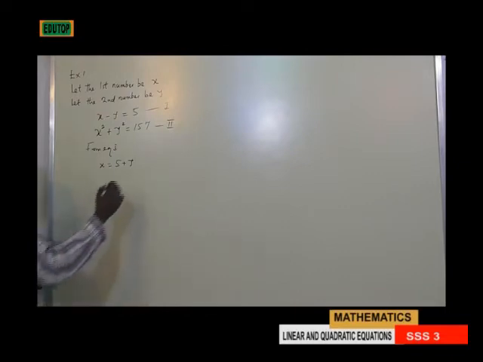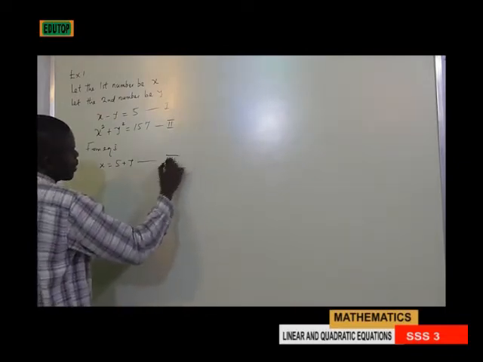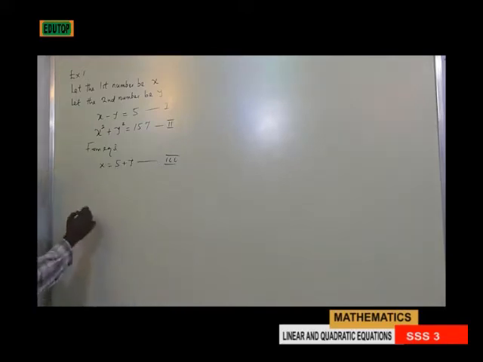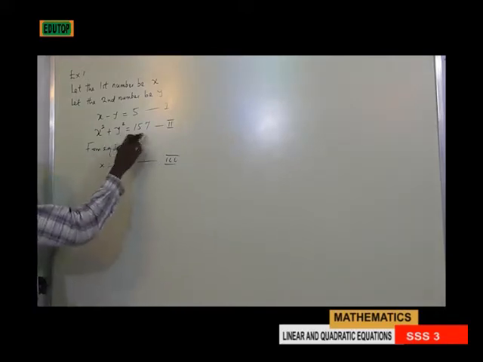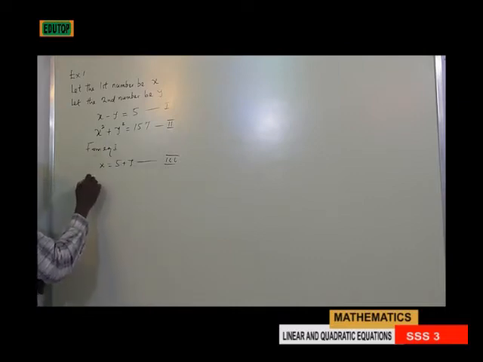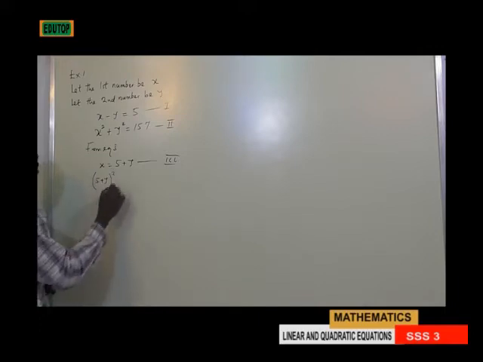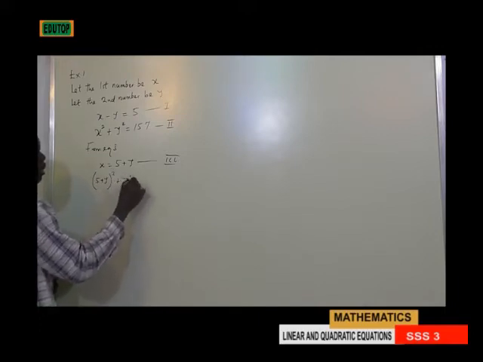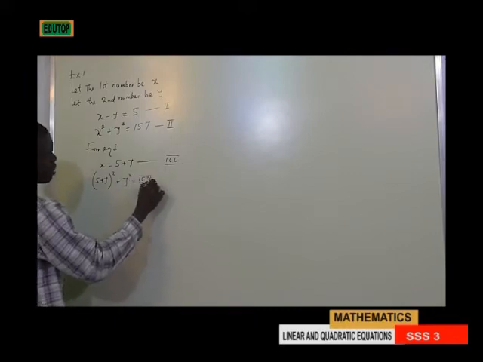I call this equation 3. Then I substitute this into equation 2. If I substitute this into equation 2, I will have 5 plus y, all squared, plus y squared is equal to 157.